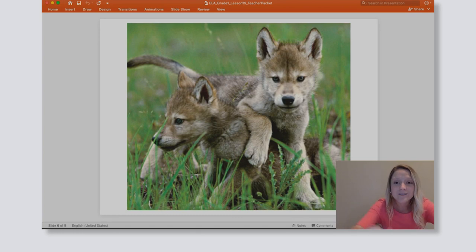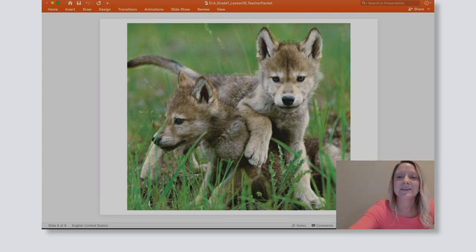Or their paws. So we can write stretch. And what did they do next? Yeah, they bow down, right? So now we have two details that tell how the wolf pup plays.